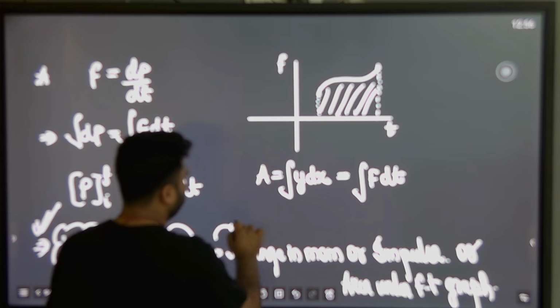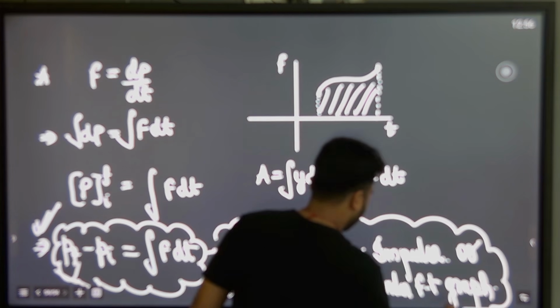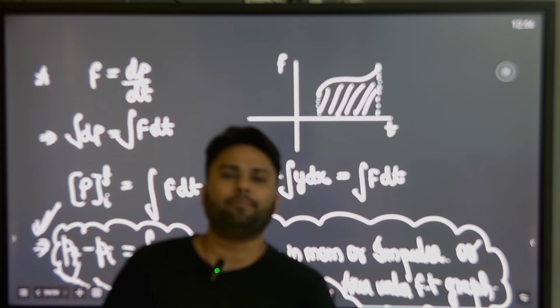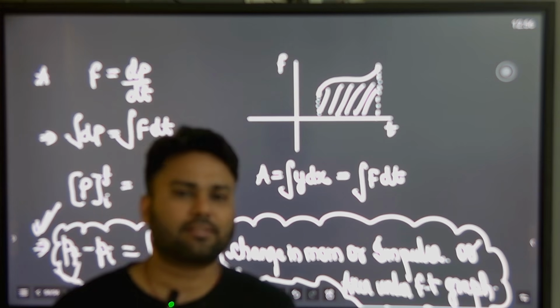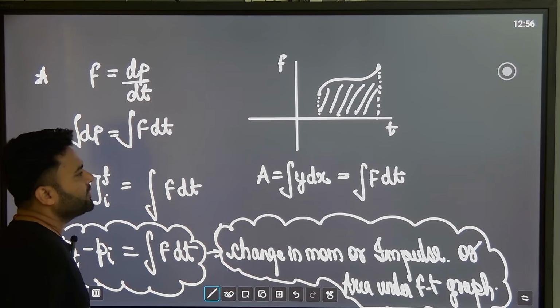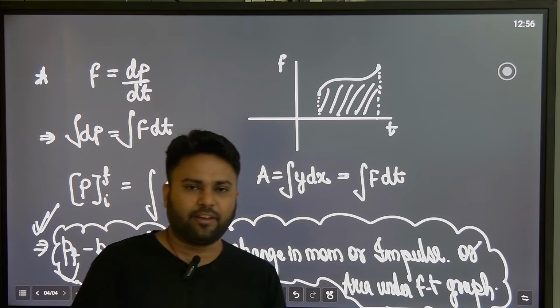Okay, so this is very important. The area under the ft graph will give change in momentum or impulse. Correct? So always remember these points. These points are really very, very important.